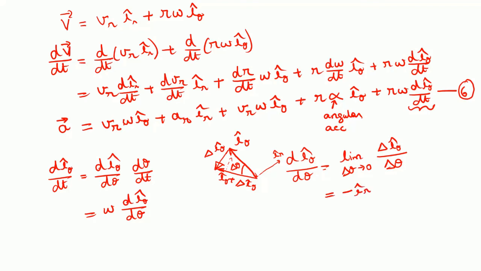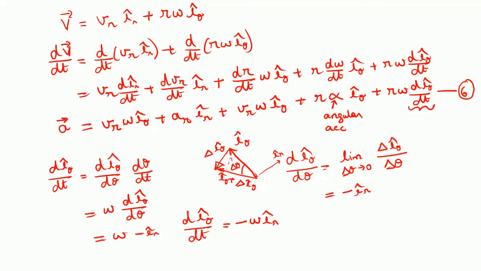And now when you put it over here, you have omega into minus ER. So we have dE theta by dt is actually equal to minus omega into ER.